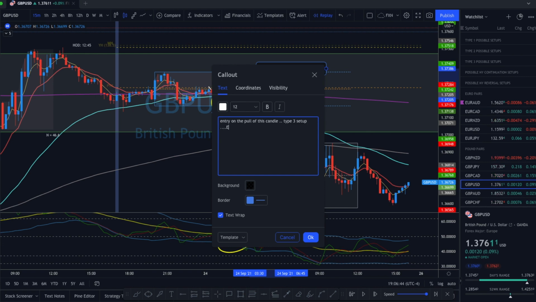You can use EMAs being used for confirmation and price action is pinning to the EMAs, right?